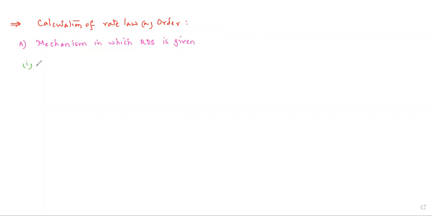The first one is, see, the rate determining step involves only the reactant as well as product, or the catalyst may also be present sometimes on the reactant side.